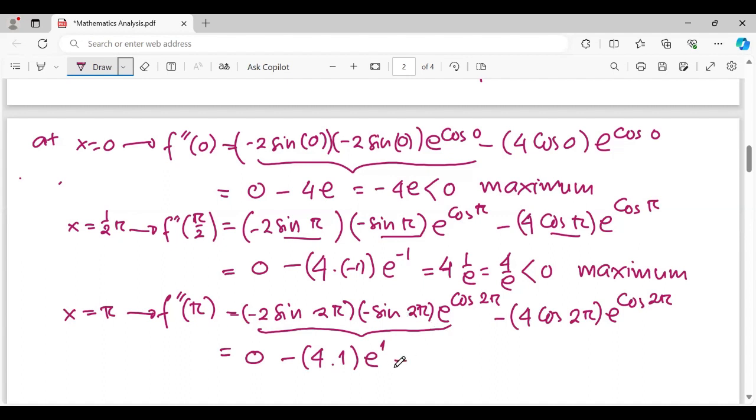So it is minus 4e, less than 0. If less than 0, it is maximum.